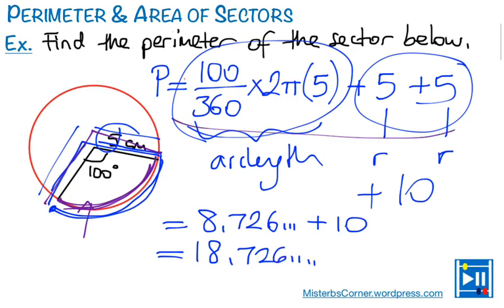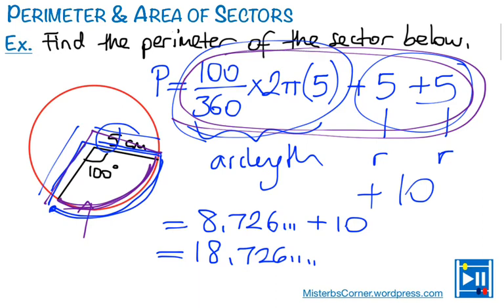Well, of course, you can write the full sentence into your calculator and end up with this number directly, right? And then if you'd like to round this, if the question says rounded to 3 significant figures, for example, you cut it from here, so it's going to be 18.7 centimeters for the perimeter of this sector.